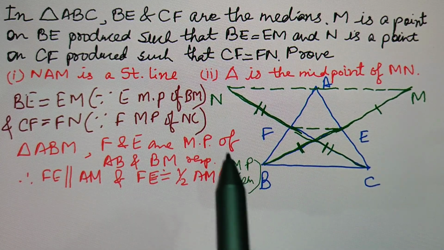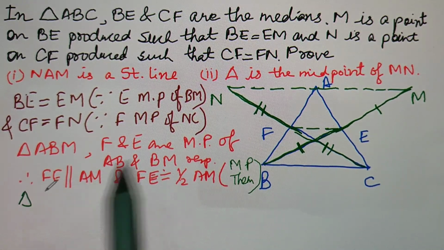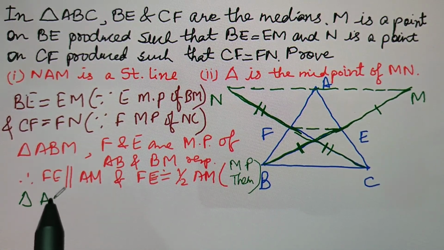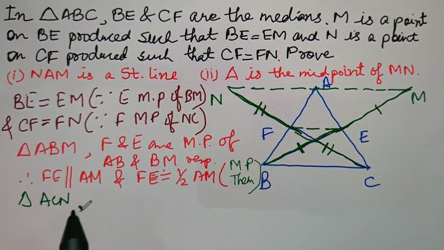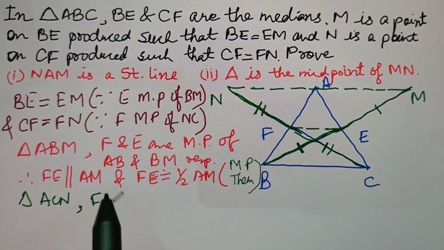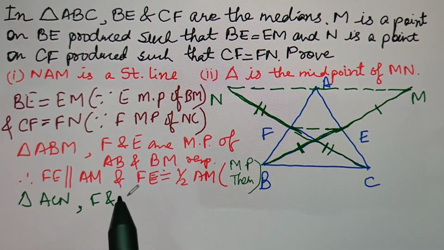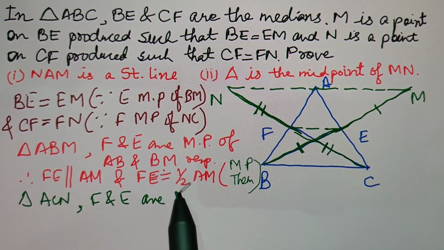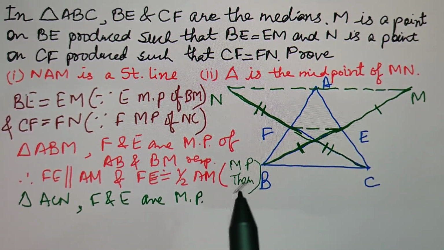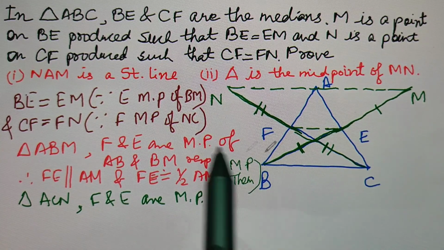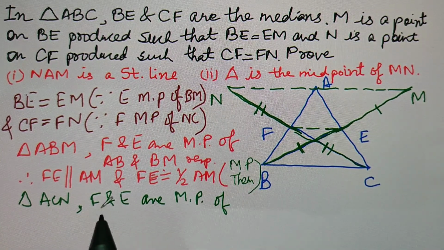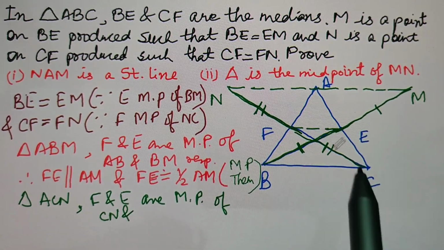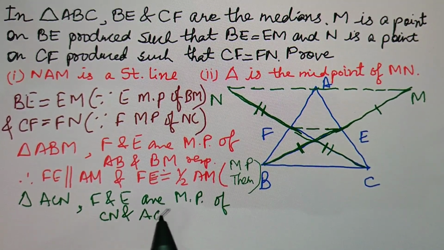Similarly, now let us consider the triangle ACN, where F and E are the midpoints of CN and AC respectively, F being the midpoint of CN and E being the midpoint of AC.